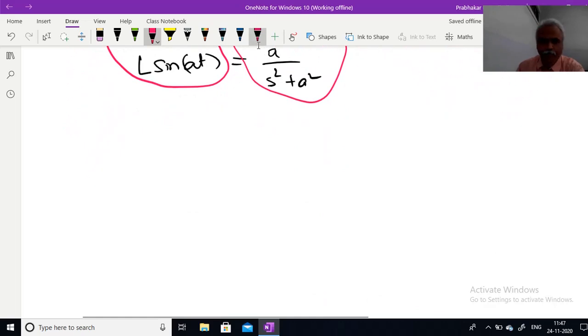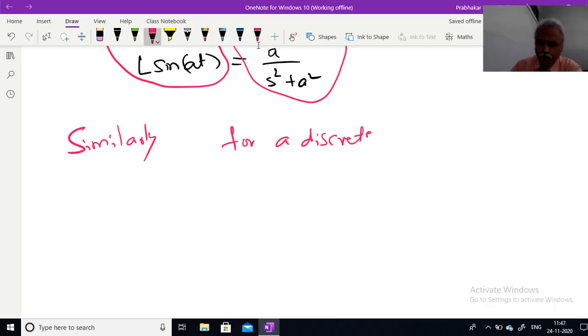Very similarly, for a discrete system or function, for continuous function I call it f of x or f of t.